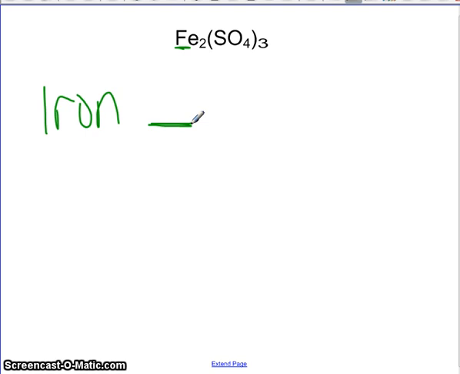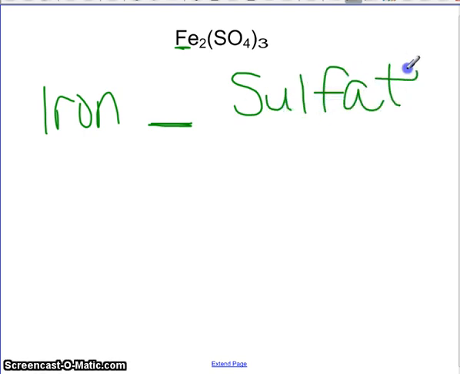SO4, we've already done 2 examples with it, so hopefully by now you recognize it as sulfate. Now how to figure out the charge of iron, which was in that previous video. I take this subscript and cross it up. Remember, SO4 stays together. We do not break that up.